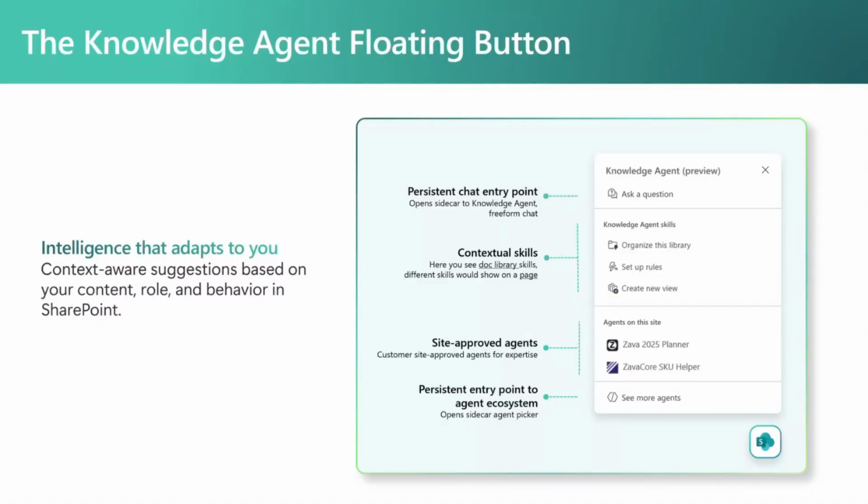This button will change if you're on a page to have skills that are contextually relevant to who you are and what you might want to get done in your flow of work. So you can think of this as really an always-on gateway to the agent ecosystem as well. If you have SharePoint agents within your site, they will show up here inside of the floating button, and there will always be a button at the bottom that brings you to the broader agent ecosystem.